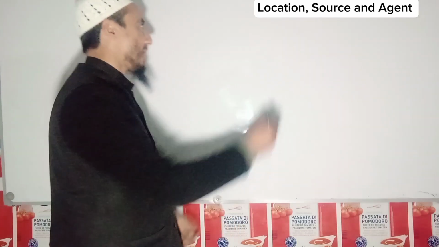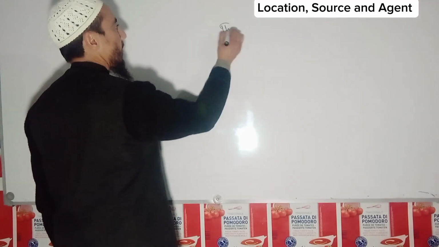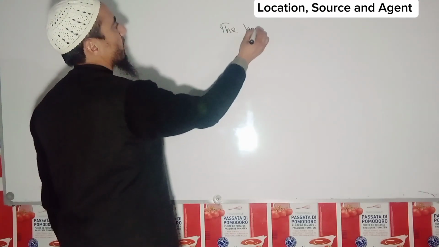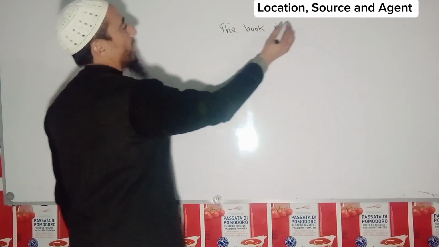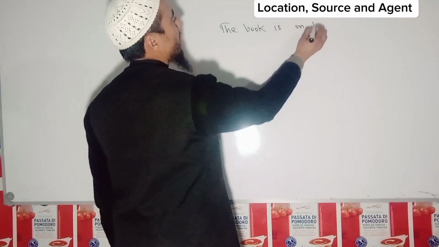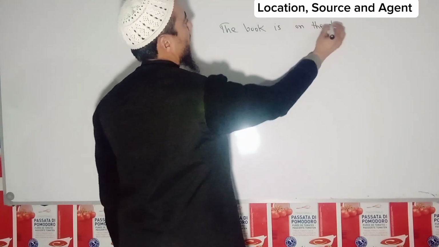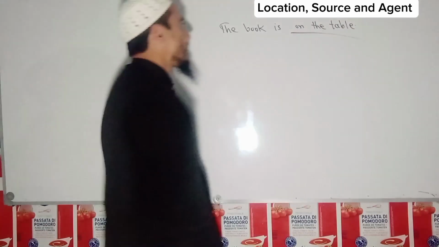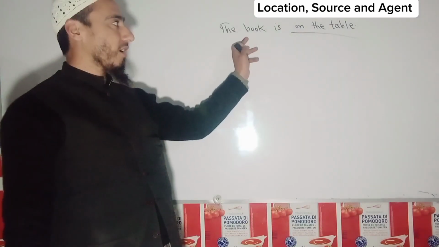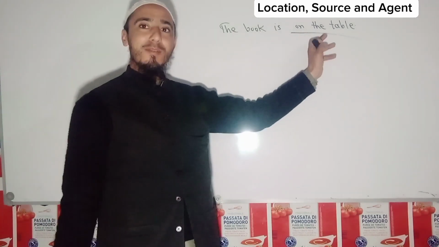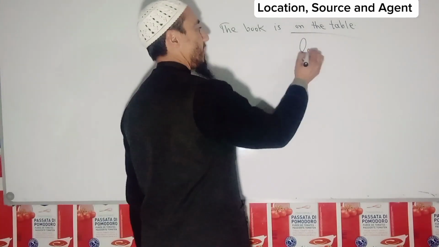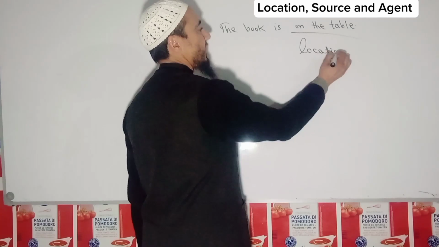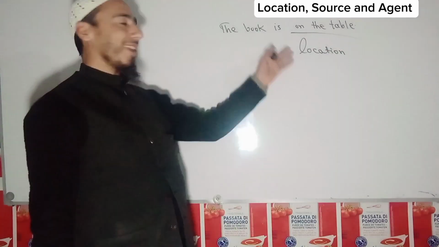For example, if I say, the book is on the table. So listeners and audience, the question is, this is an entity, the book. Where is the book? On the table. So that's why it is location, because it refers to an entity where an entity is.